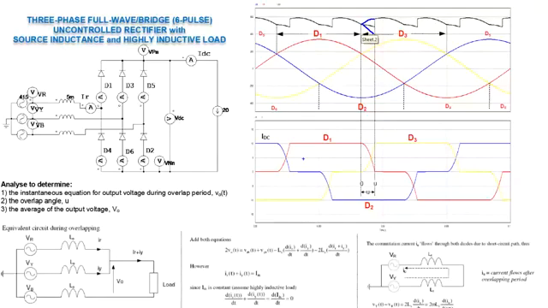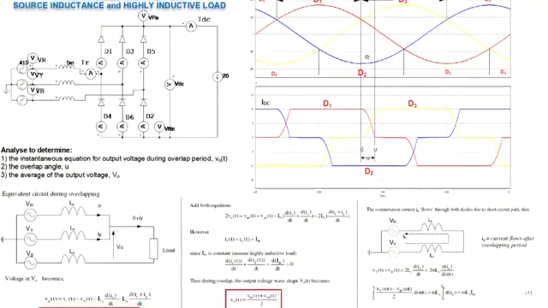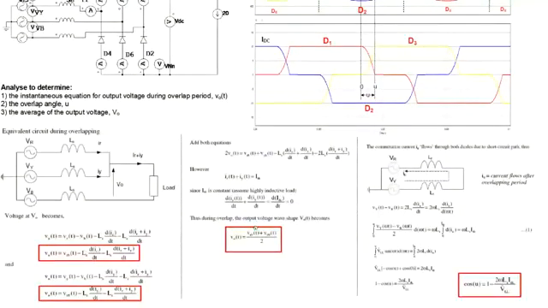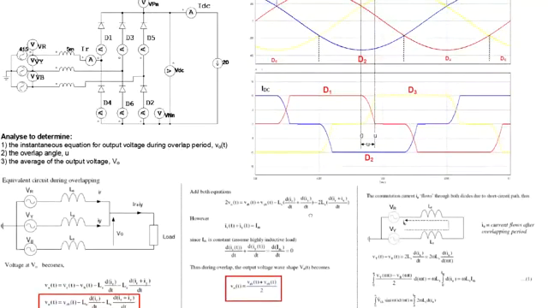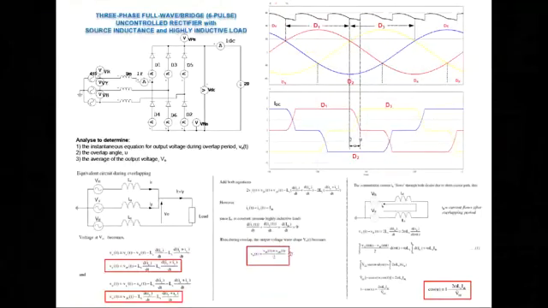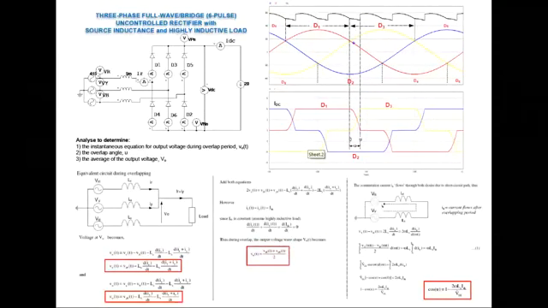And that is already proven by these equations, whereby V out during that overlap equals to VRB, which is the line-to-line voltage between red and blue, plus VYB divided by 2. So that is the voltage equation to describe the instantaneous voltage during that overlap period. Okay, so we are done with that.